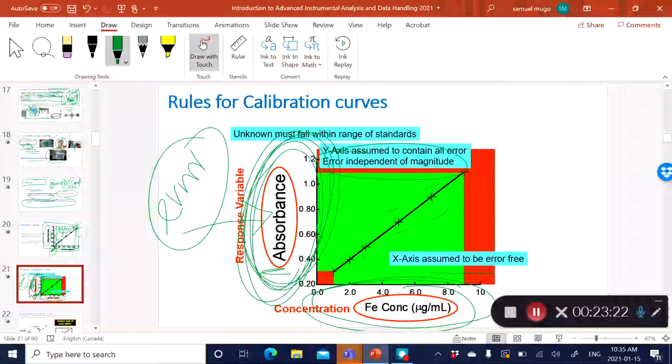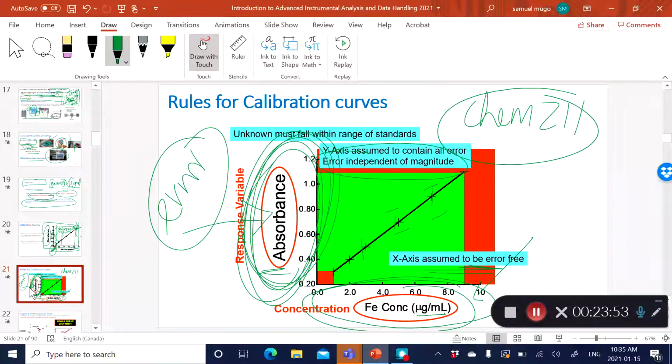So take note of that, that there should not be any error in the x-axis, meaning the standards should be prepared very, very accurately. That's what a standard means. The concentration is accurately known. Of course, there are students who are going to make operational errors here, and that should not be allowed, okay? There should not be operational errors in the x-axis. And that's why you took Chem 211, so that you are taught very, very carefully how to do gravimetric analysis, the weighing very, very accurately.